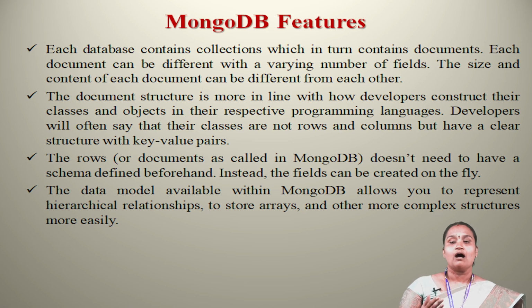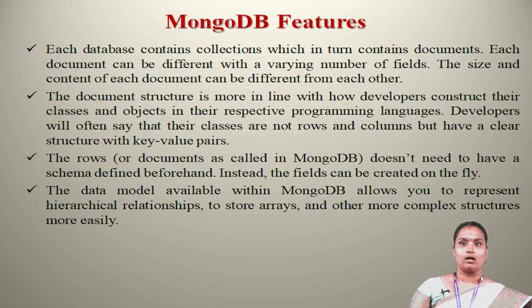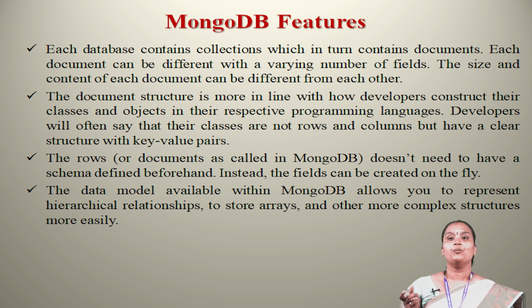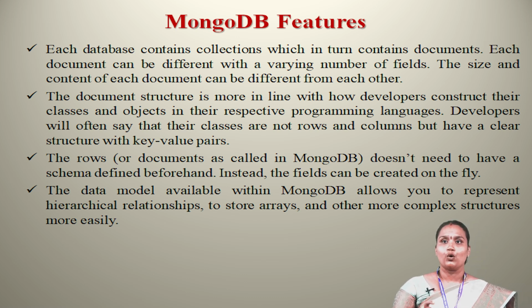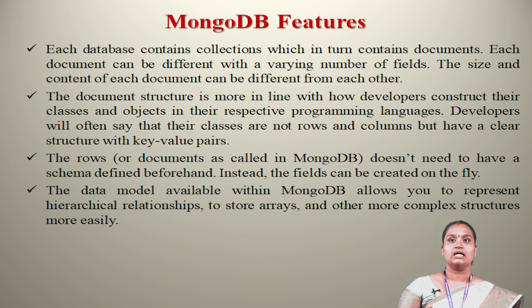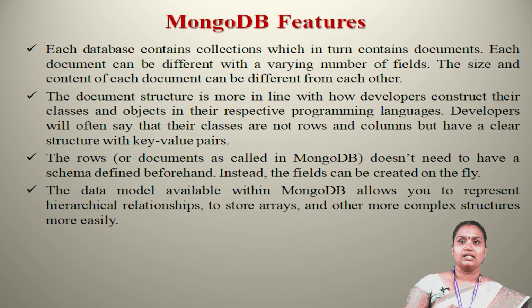Developers will often say that classes are not rows and columns but have a clear structure with key-value pairs. The row, or document as it is called in MongoDB, does not need to have the schema defined beforehand. Instead, the fields can be created on the fly.